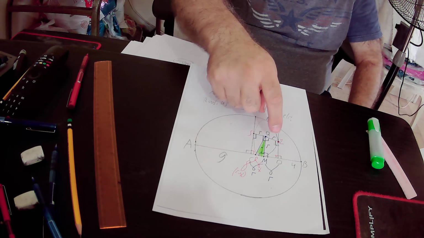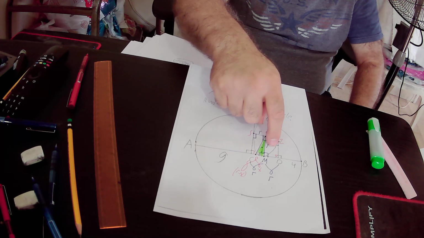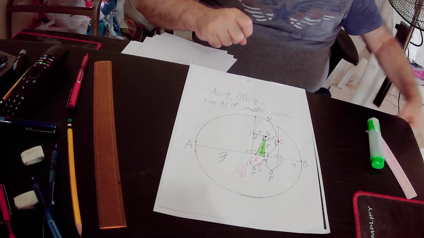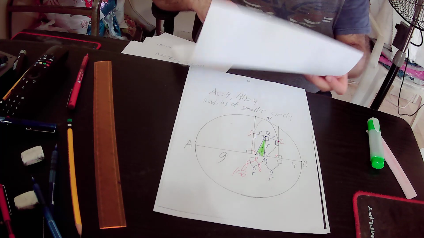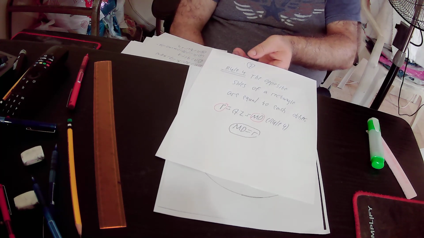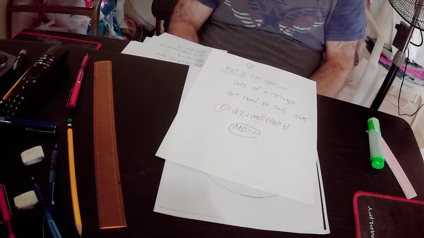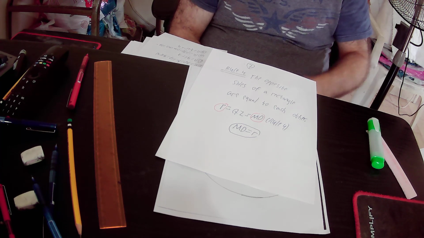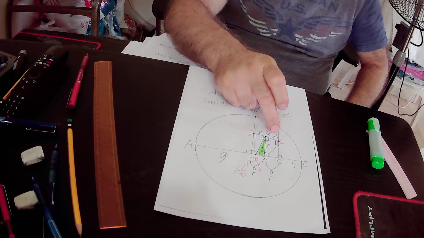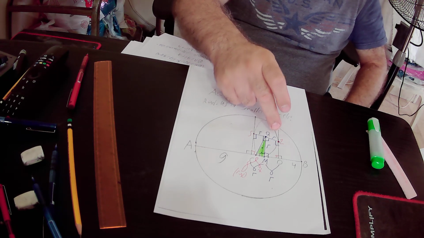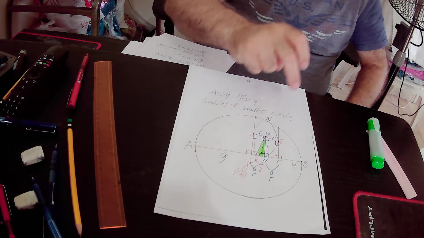So quadrilateral QZMD is a rectangle, and we have rule number 4 that the opposite sides of a rectangle are equal to each other. According to rule number 4, QZ that is opposite to MD is equal to MD.